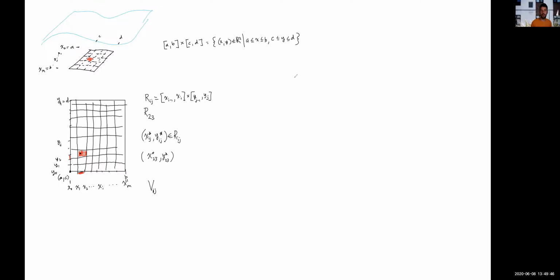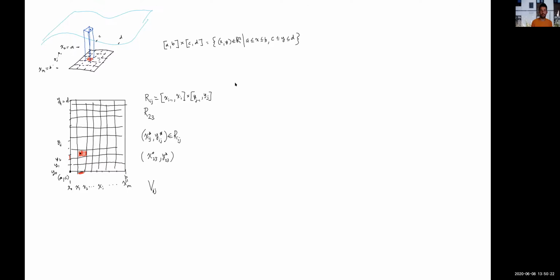Maybe it's below, but I'm going to draw it above, right? And we pick a point in this square, and we find the corresponding point when we evaluate the function. That determines then the height of the rectangle I'm going to draw. Picture's not perfect, but wherever that function evaluates is the height of that rectangular box.